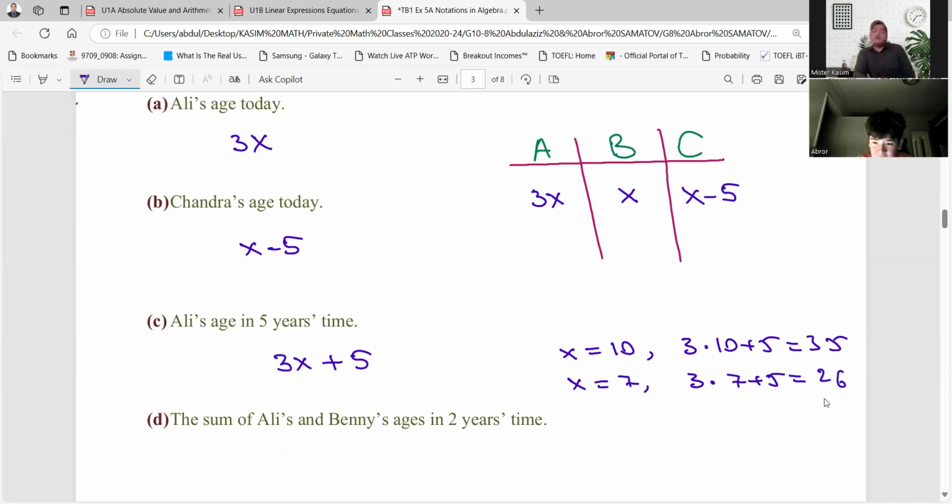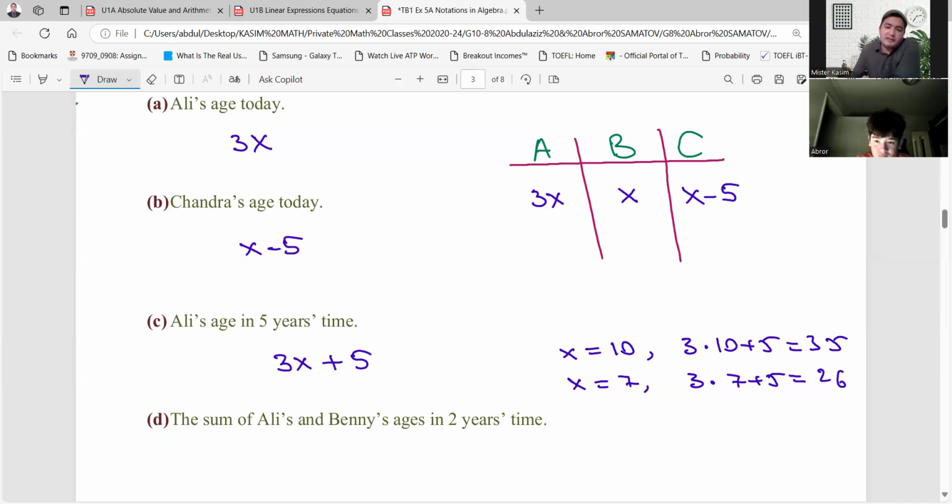I mean, if x equals 7. But I don't know the value of x. That's why if Ali is 3x years old now, after 5 years, he will be 3x plus 5. This x and 5, we cannot add them because they are unlike terms. It's like on tables, we have 3 apples and 5 pears. Can you add them? We cannot. They're different things, right? Also, here we have x and 5. They are two different things.